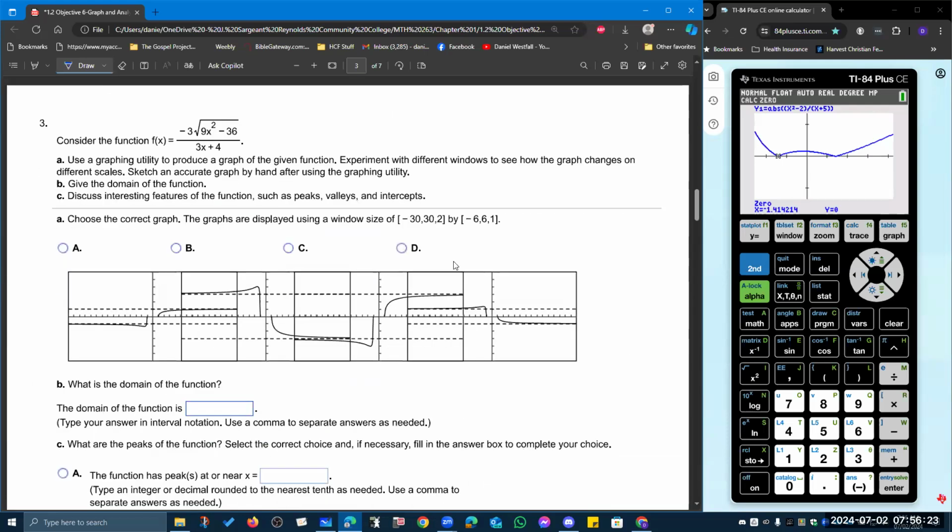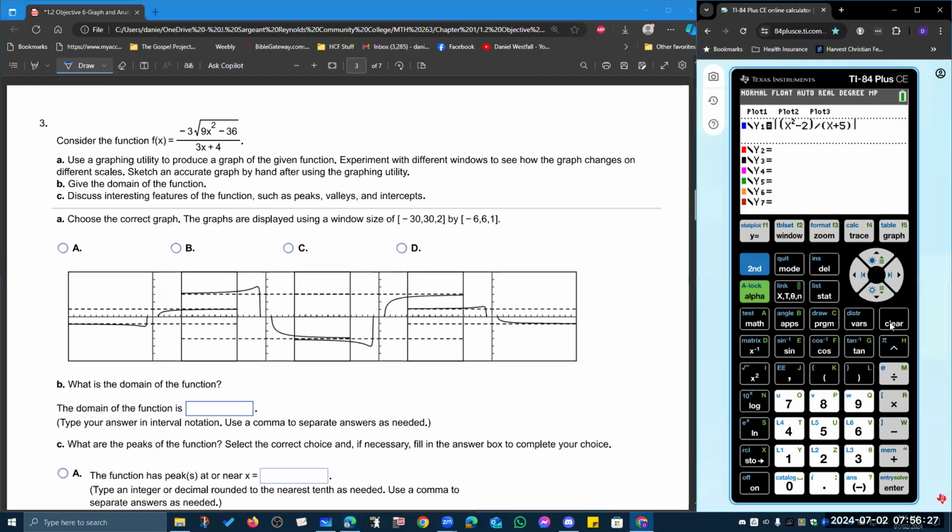All right. Let's go ahead and look at this next function here. Numerator is negative 3 square root of 9x squared minus 36. Get out of the square root, close the numerator, divide by, denominator is 3x plus 4.